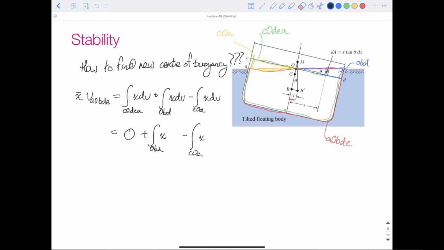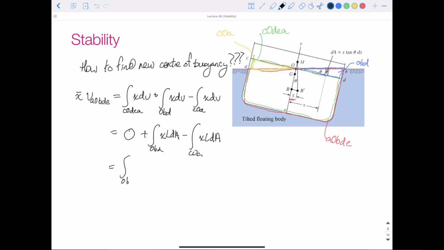So we can rewrite this now as L times dA and L times dA. If we have an even more simplified object, we still have 0 for that first term, so let's just get rid of it.